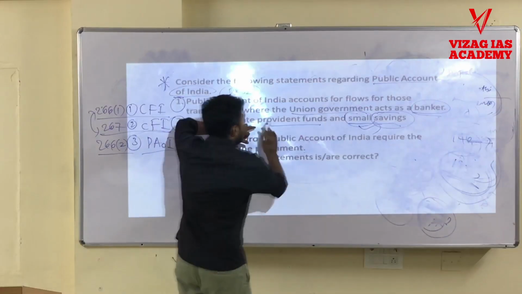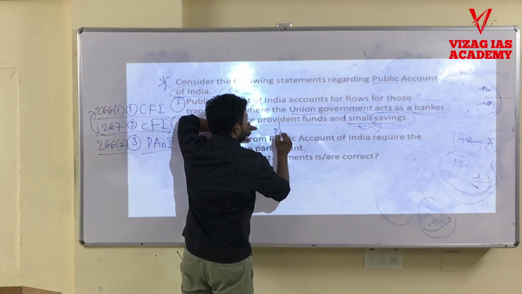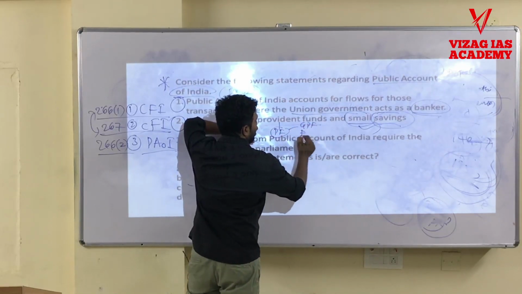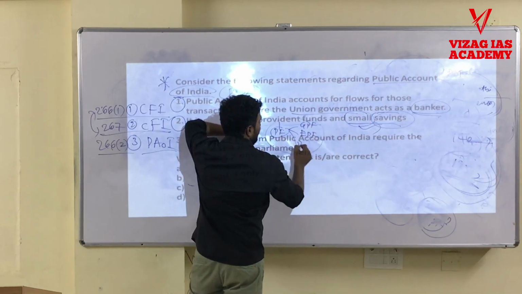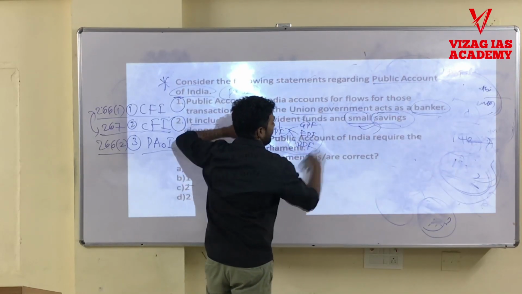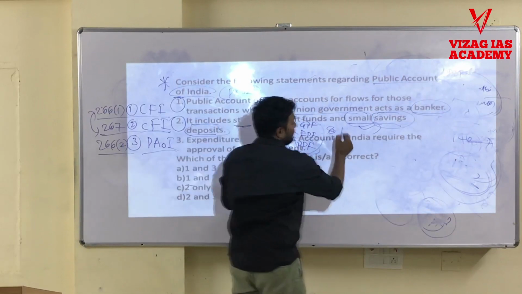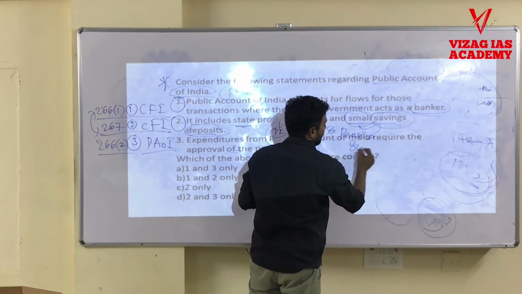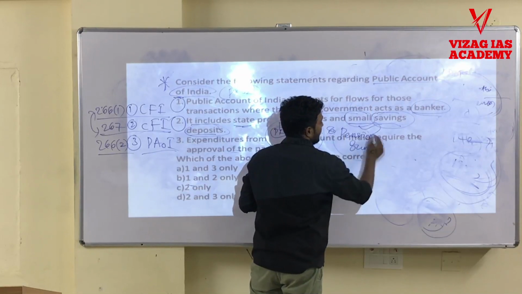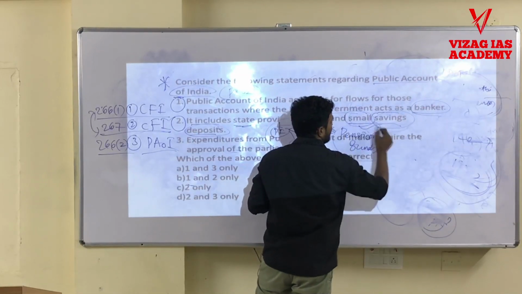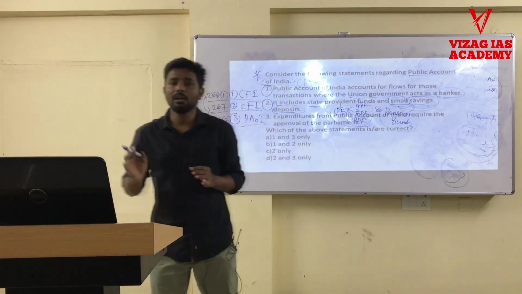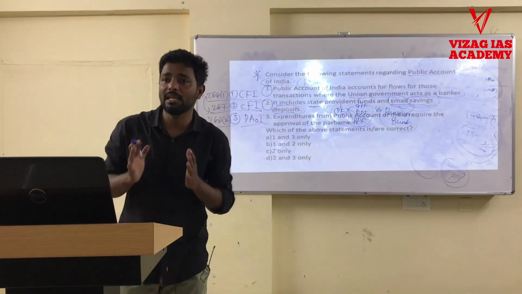Here there are provident funds, GPF, EPF, etc., various provident funds, PPF, public provident fund, then various pension funds, and the small saving deposits. All of them go into the Public Account of India. It is essentially people's money.